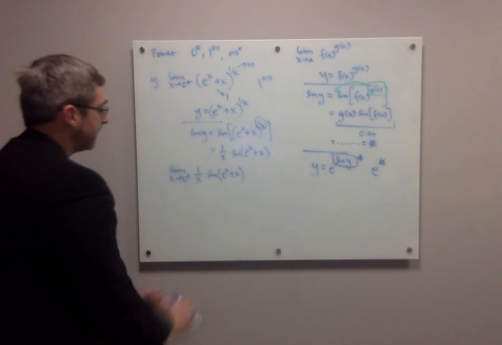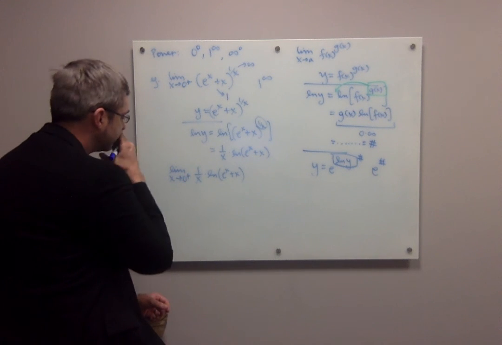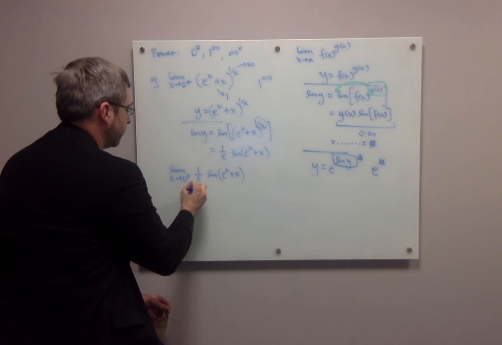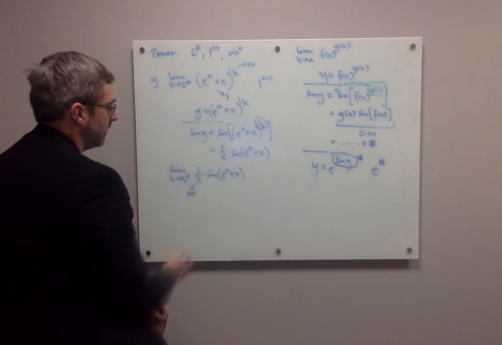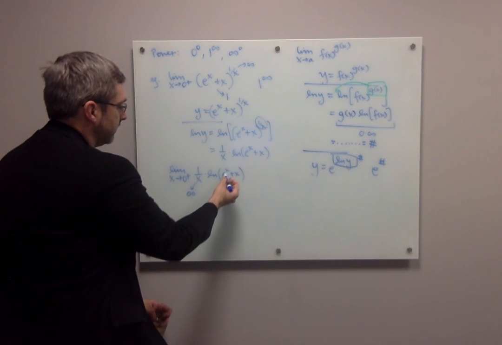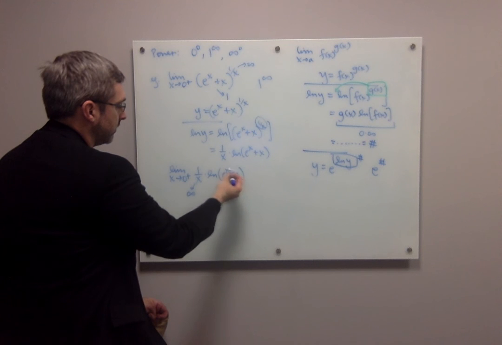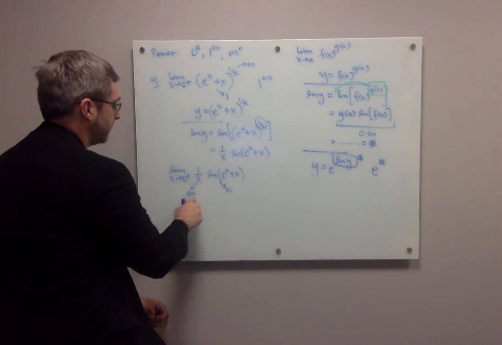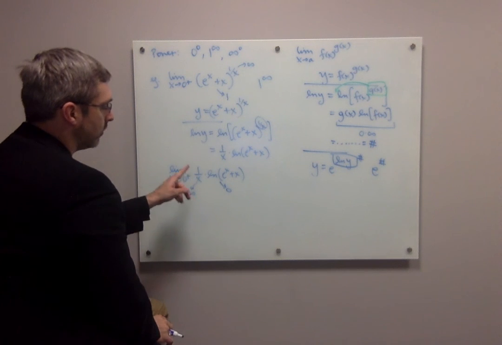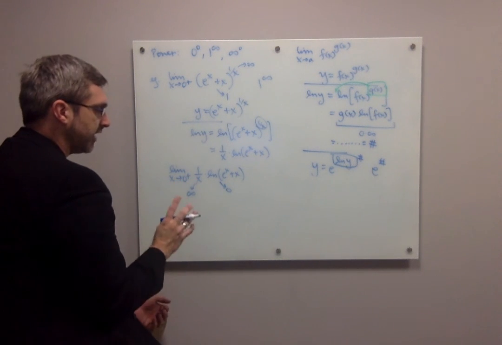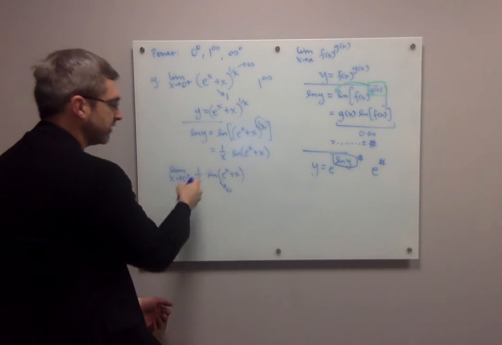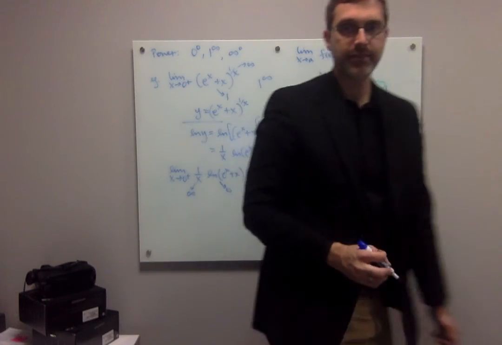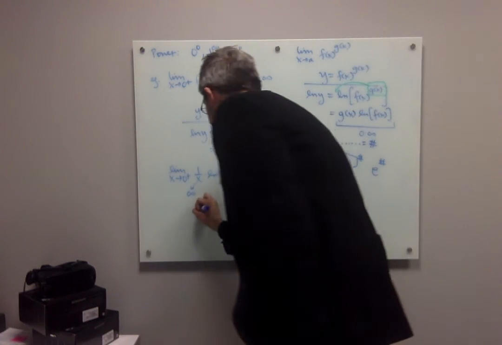Now, in looking at that limit, when x goes to 0, 1 over x goes to infinity. e to the x goes to e to the 0, which is 1, plus 0 is 1. The natural log of 1 is 0. So again, I get a 0 times infinity situation. I want to put one of these on the bottom. I need to make a fraction, and there's a natural way to do that.